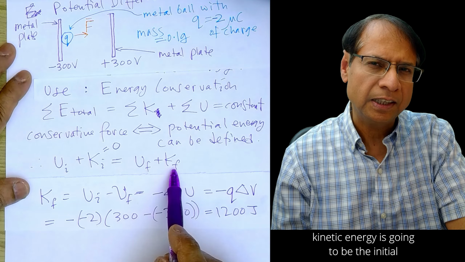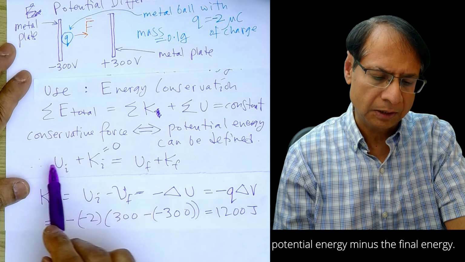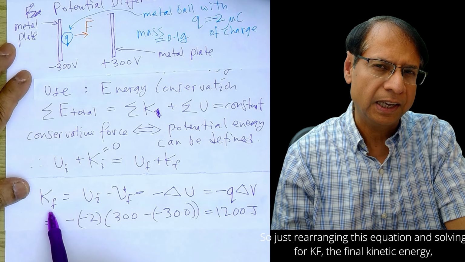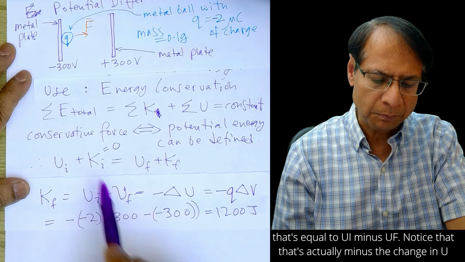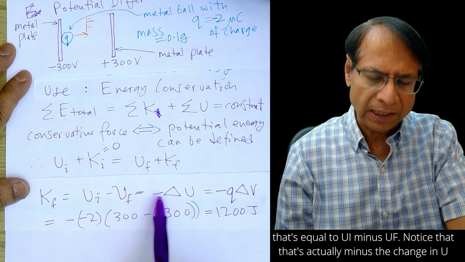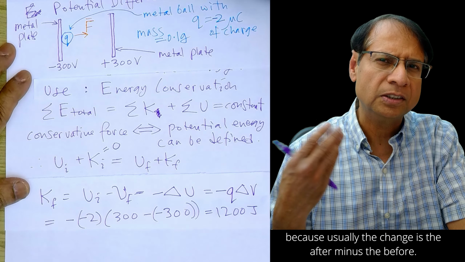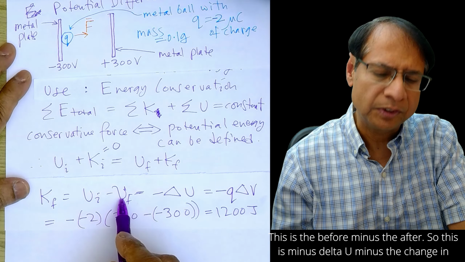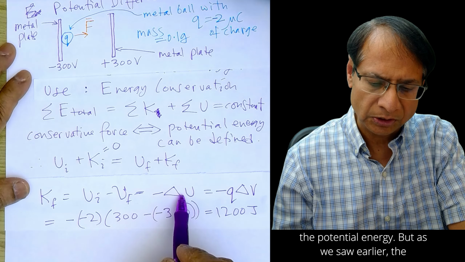So the final kinetic energy is going to be the initial potential energy minus the final potential energy. Just rearranging this equation and solving for Kf, the final kinetic energy, that's equal to Ui minus Uf. Notice that that's actually minus the change in U, because usually the change is the after minus the before. This is the before minus the after. So this is minus delta U, minus the change in the potential energy.